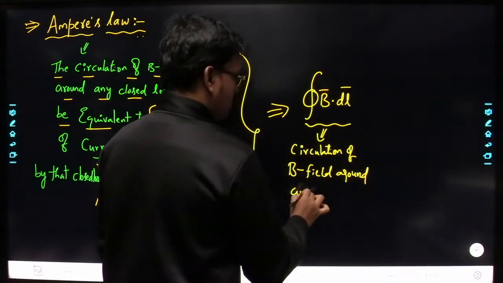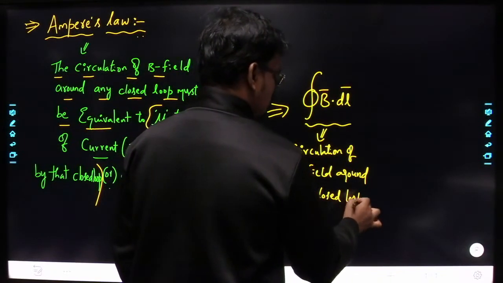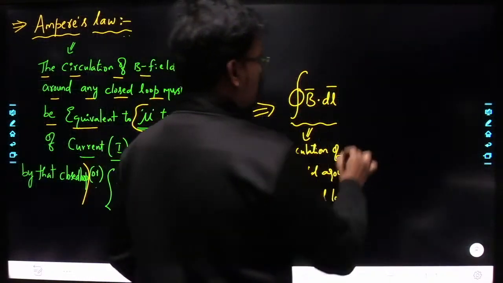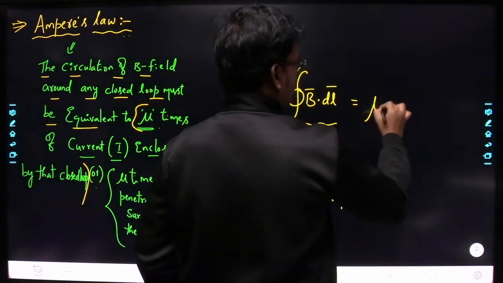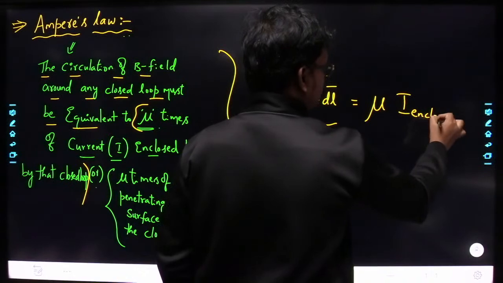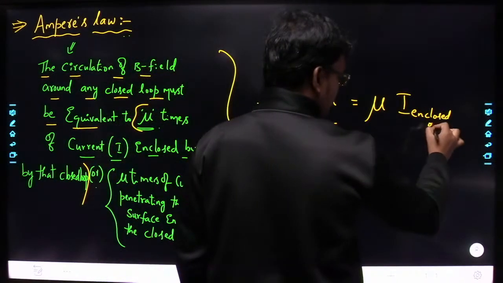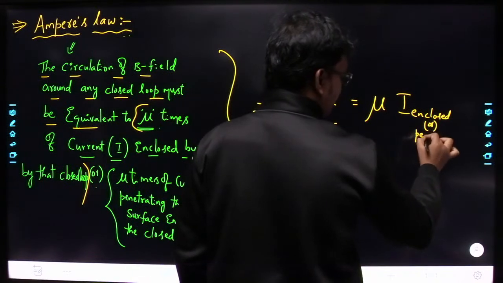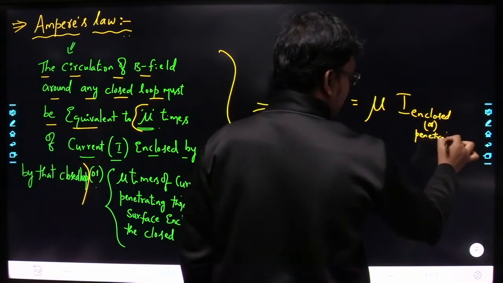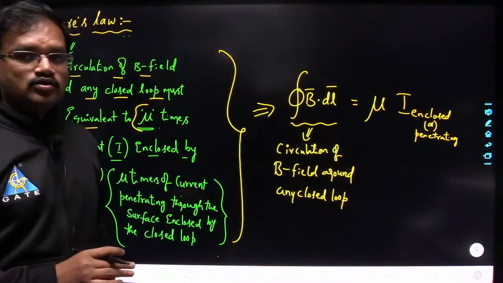This is equivalent to mu times of current enclosed by the closed loop, or mu times of current penetrating through the surface enclosed by that closed loop.